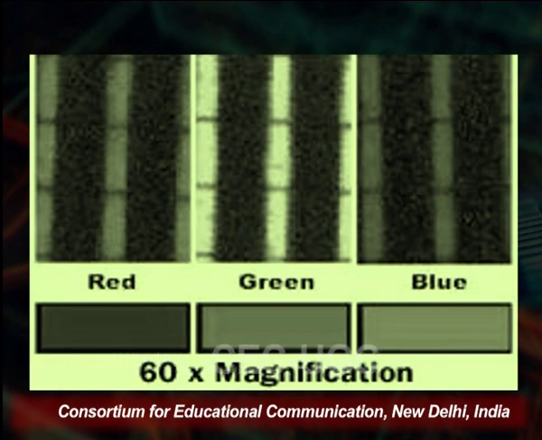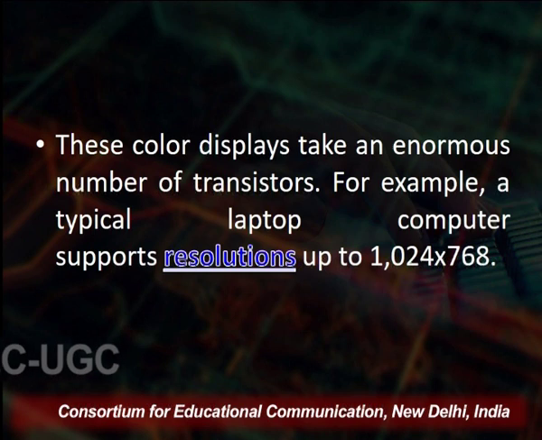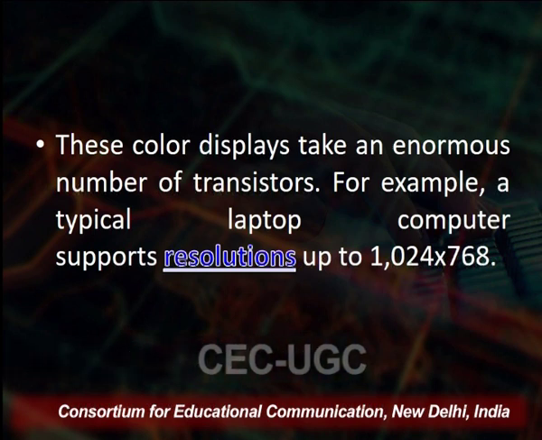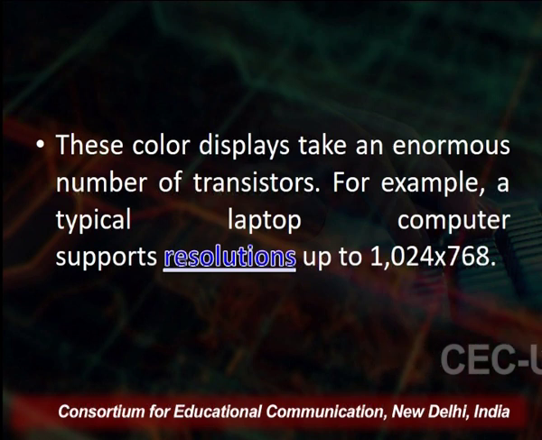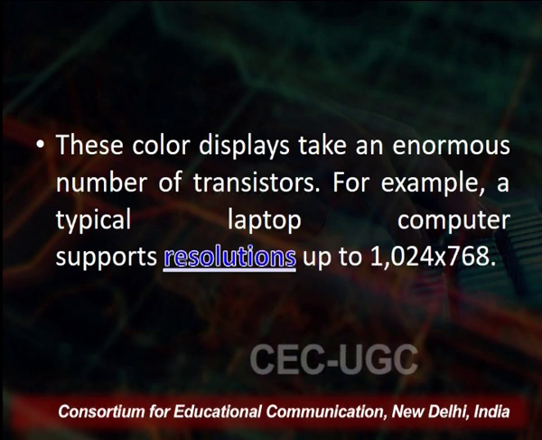You see here the red, green and blue, at 60 times magnification. These color displays take an enormous number of transistors. For example, a typical laptop computer supports a resolution up to 1024 by 768. So this is a high resolution.